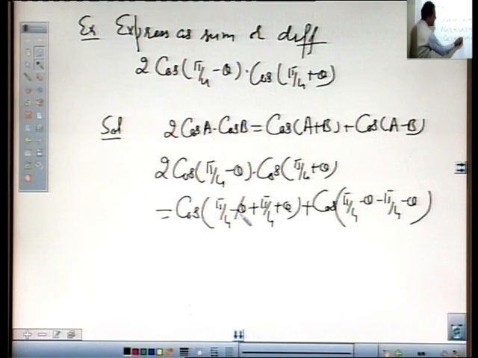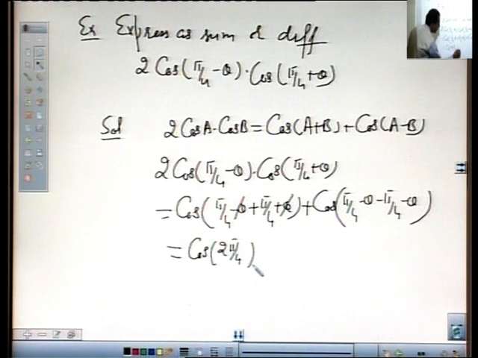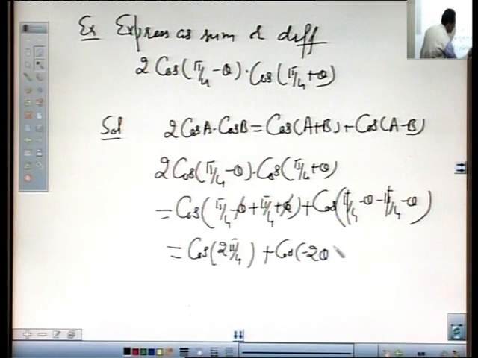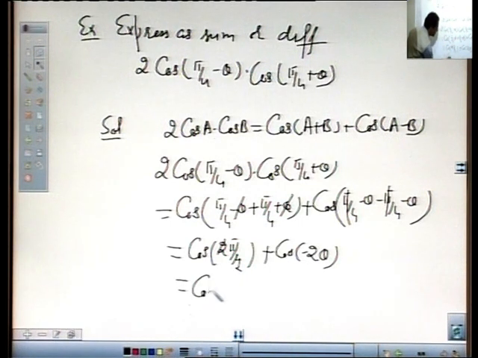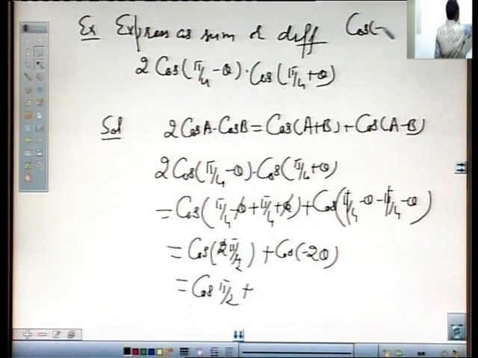Here minus theta and plus theta cancel, and this equal to cos pi by 2 plus cos of minus 2 theta. Minus pi by 4 and plus pi by 4 cancel; cos minus 2 theta, this equal to cos 2 theta.